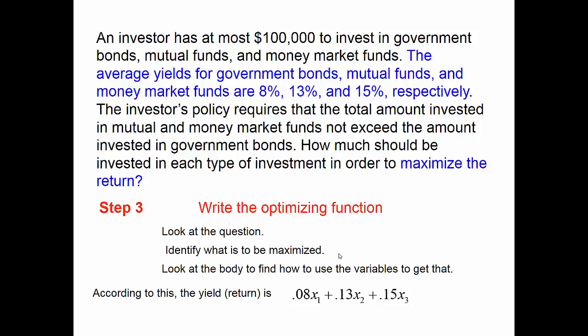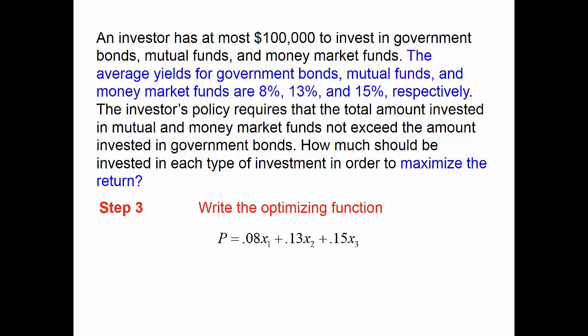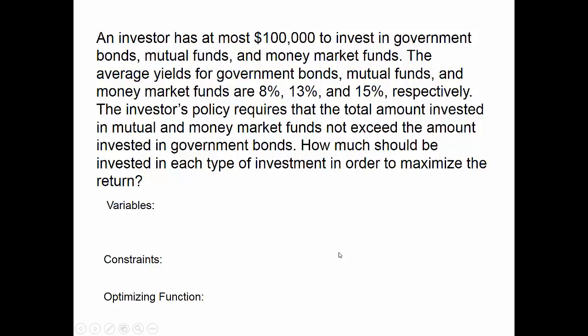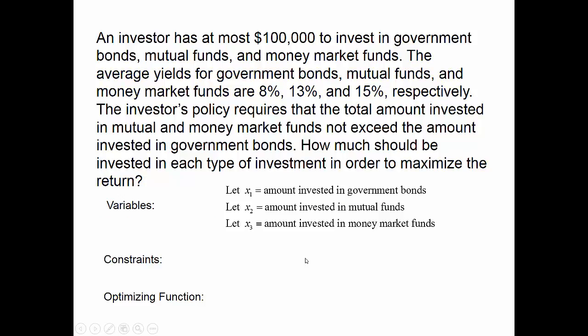So that would be our optimizing function. And so the problem would look like this with them all together. Here are our variables, here are our constraints, and our optimizing function.